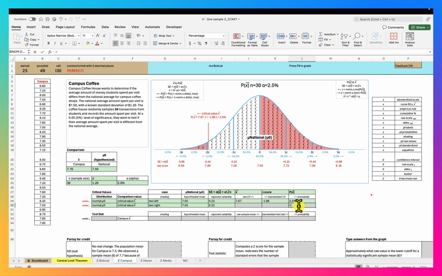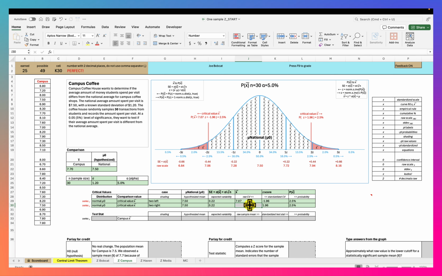All right, so we start out by the probability is equal to that divided by 2. Now, this is the right tail, so we use this one with the arrow pointing right, norm.s.inverse, not 1 minus probability of x. So equals norm.s.inverse 1 minus this probability.